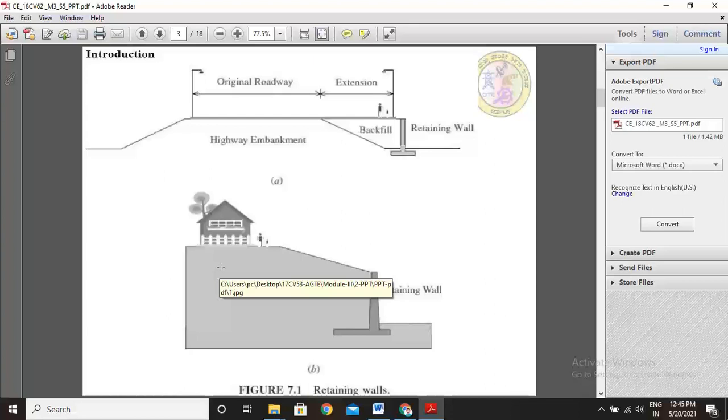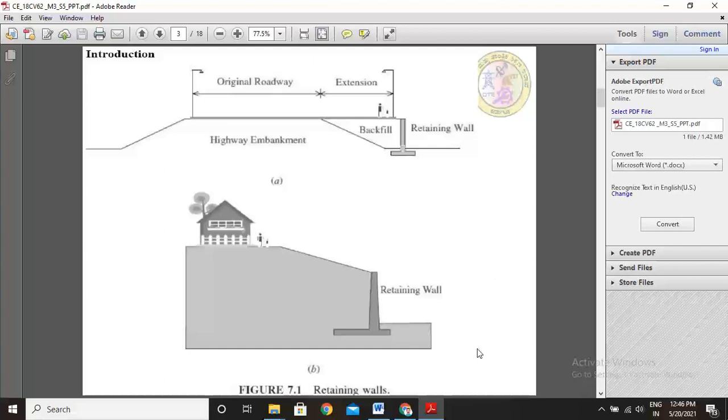lateral earth pressure. Lateral means horizontal pressure exerted by soils. When load acts on the soil, pressure is developed due to the self weight of the soils as well as due to live loads, earthquake loads, wind loads, etc. Our structure is required to be stable as per the design criteria.